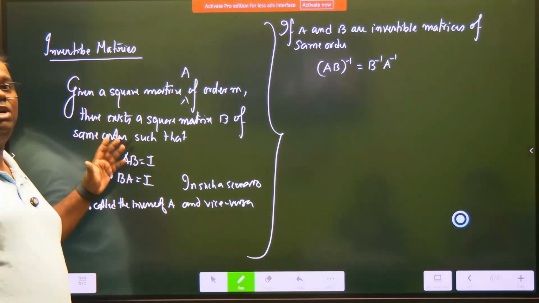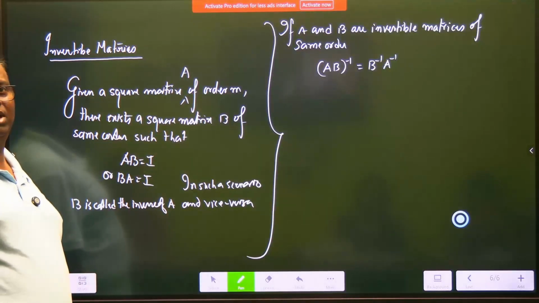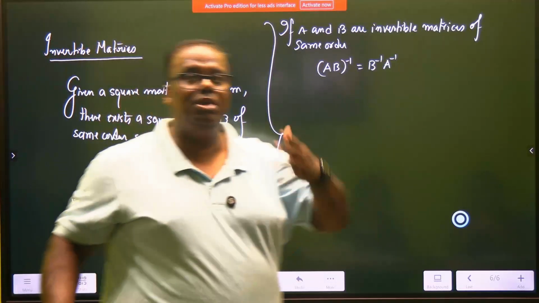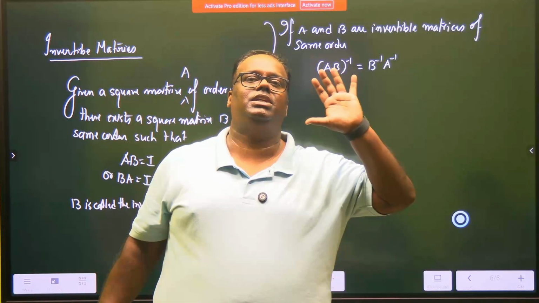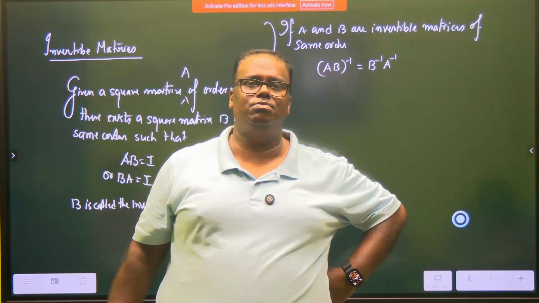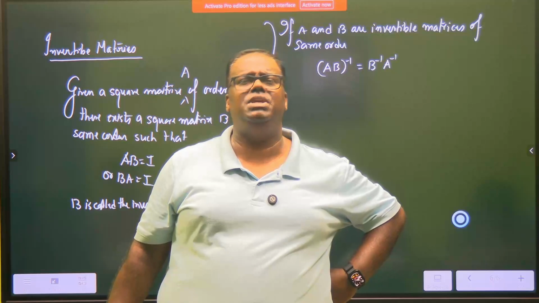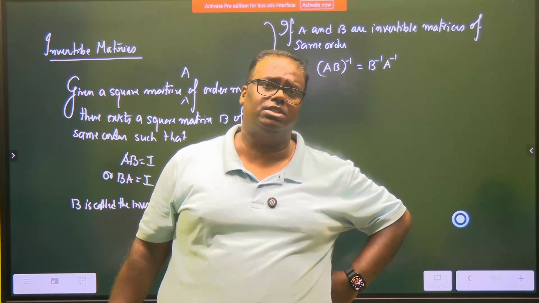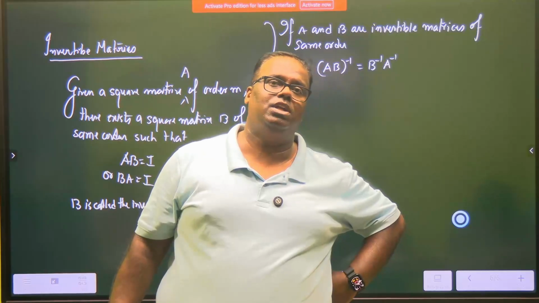In the first case, we are trying to explain what we mean by an inverse of a matrix. Okay, so look at me. What do you mean by inverse of a matrix? Suppose you have a square matrix A whose order is M, meaning an M by M square matrix. Then there will exist some matrix B, C, D, E, some matrix which is also a square matrix of the same order.